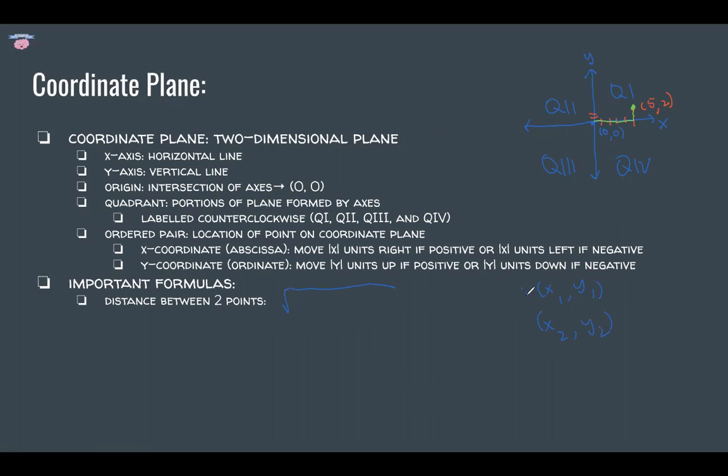So this is 1 point A, this is 1 point B. The distance between them would be the square root of (x2 minus x1) squared plus (y2 minus y1) squared. Everything's under the square root. And it's important to write this down or memorize it, whatever, because it'll be really useful both in geometry and this series.